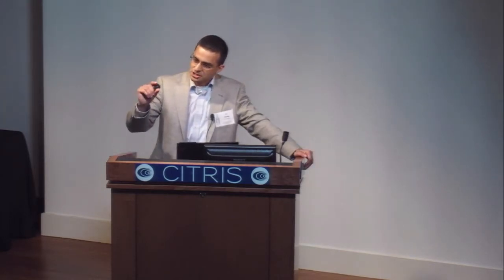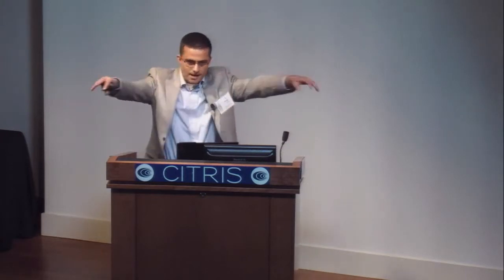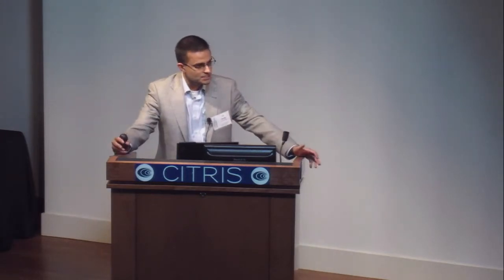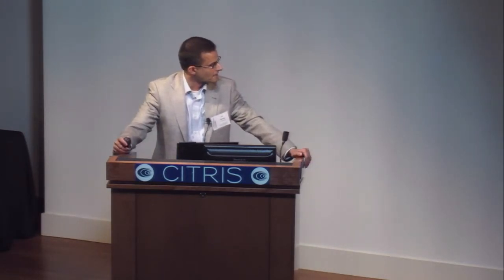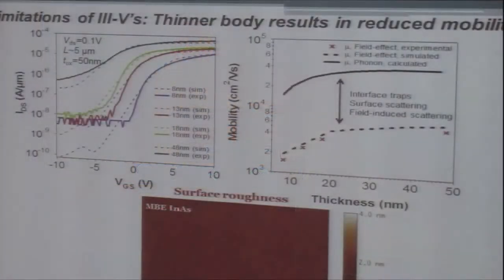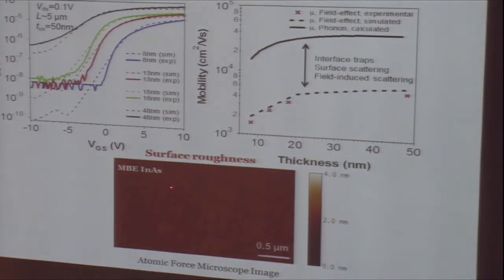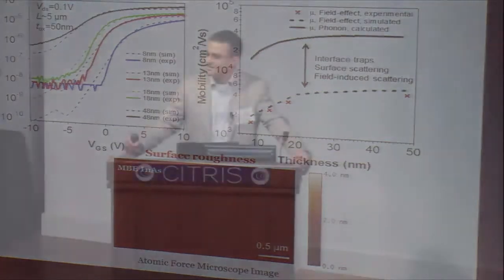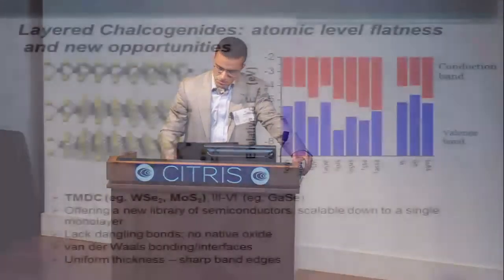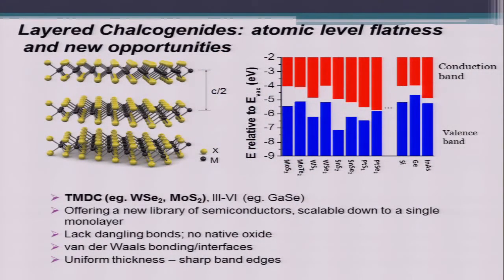So if you change the thickness just a little bit, the potential profile on the surface becomes very rough. The surface scattering becomes more prominent. And in fact, if you look at an atomic force microscope image of the surface of as-grown indium arsenide by MBE, you can see that you do have surface roughness at that atomic scale. So there's a fundamental limit to how thin we can go with III-Vs.